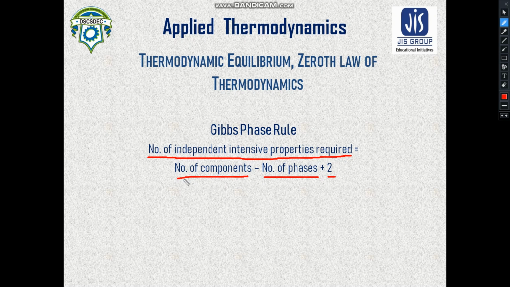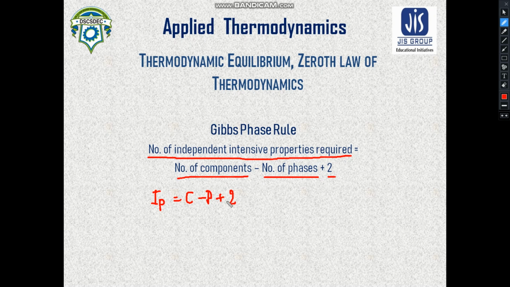We can write this as IP, the independent intensive properties, equal to C minus P plus 2.